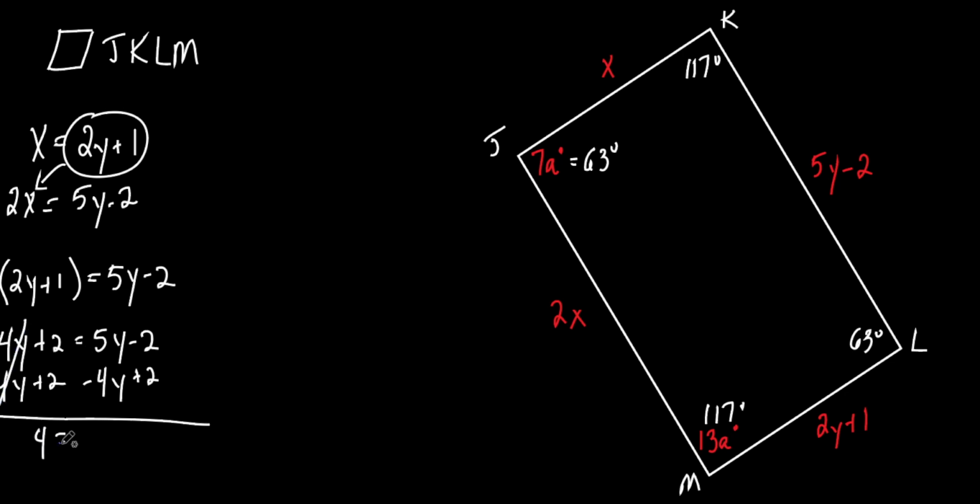I get a 4 here. That cancels. 5y minus 4y is 1y, or we could just write y equals 4. So we're about halfway done, right? Now we got a little bit more than halfway, but we got what y is equal to. Now, let's solve for x. How do I solve for x? Well, I put that y.